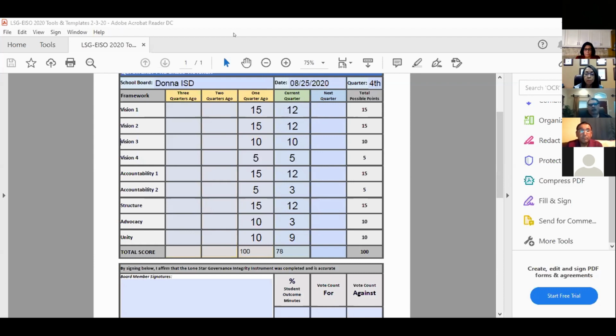And again, a lot of school districts have chosen not to be self-reflective, but you have chosen to be self-reflective, and you understand that your numbers may have dropped in certain areas, but it's because of the circumstances that you are dealing with. But the reality is, it is what it is. So again, great job to this board.